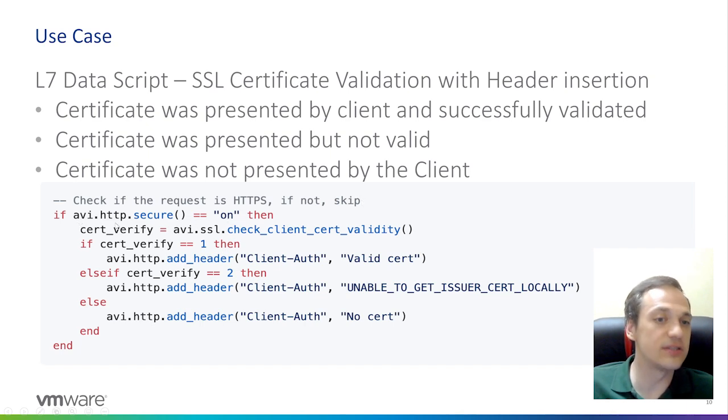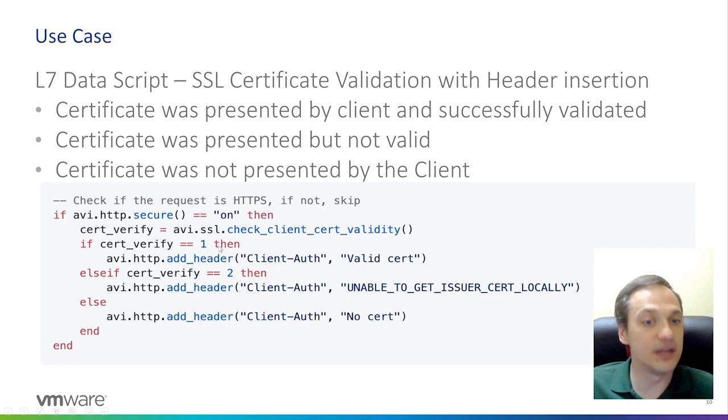If this is a secure connection, because AVI HTTP secure will return on if it's a secure connection, we'll assign the cert verify variable the value of the AVI SSL check client cert validity function. That function will return 1, 2, or nothing. It will return 1 if the certificate is valid. So if it returns 1, we'll run another DataScript function which will insert a header.